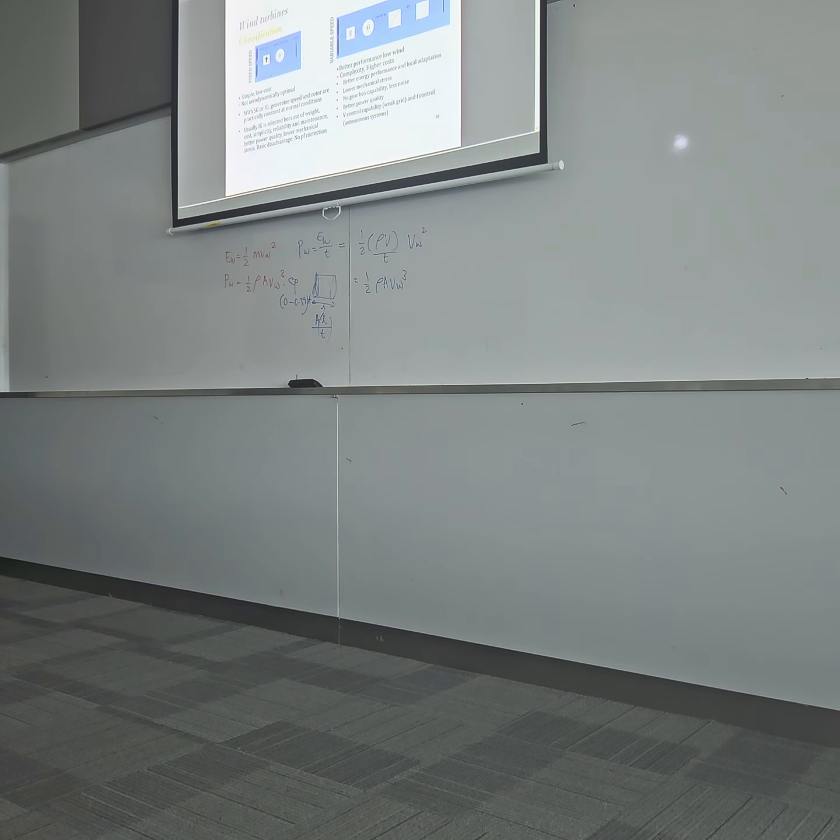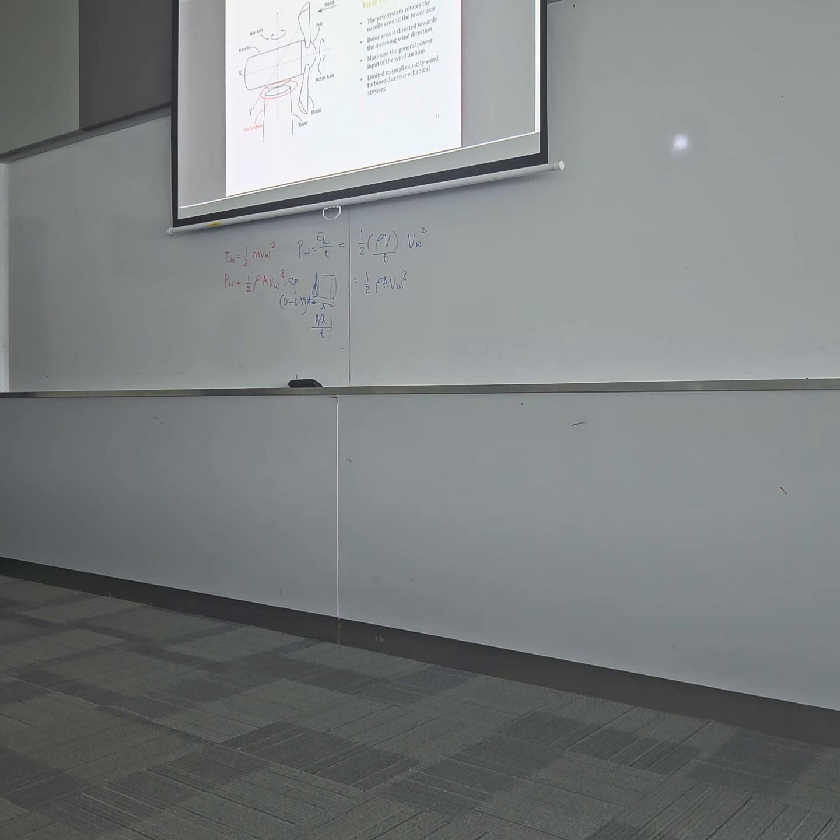For the permanent magnet synchronous generator, you don't need the gearbox, so that will result in less noise. And you also have the power factor correction, so you have better power quality overall. Lastly, you can provide grid support through the voltage control capability and frequency control capability. Okay, so these are the two types based on the speed.